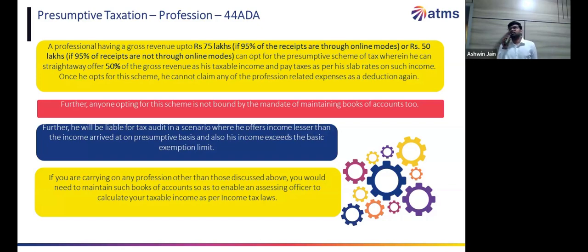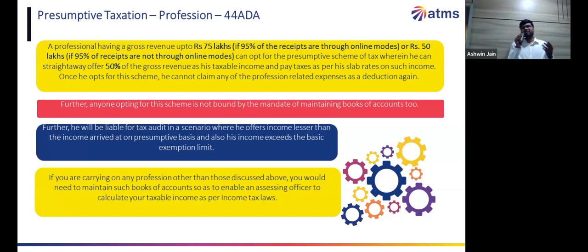If you are declaring a profit less than 50%, then it is compulsory to get your books of accounts audited. And the specified persons who can declare their income under section 44ADA are as per the list of professionals given in section 44AA.